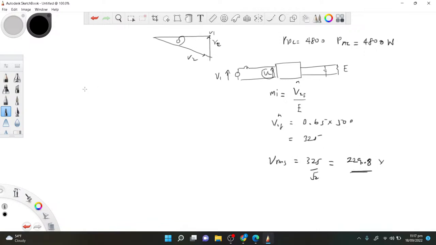So I have my V1 at 240, and there will be some V2 produced that's less than the initial V2. This V2 is 229.8 at some delta.